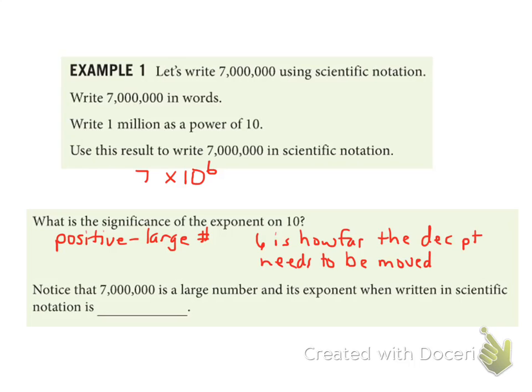Notice that 7 million is a large number, and its exponent, when written in scientific notation, is positive.